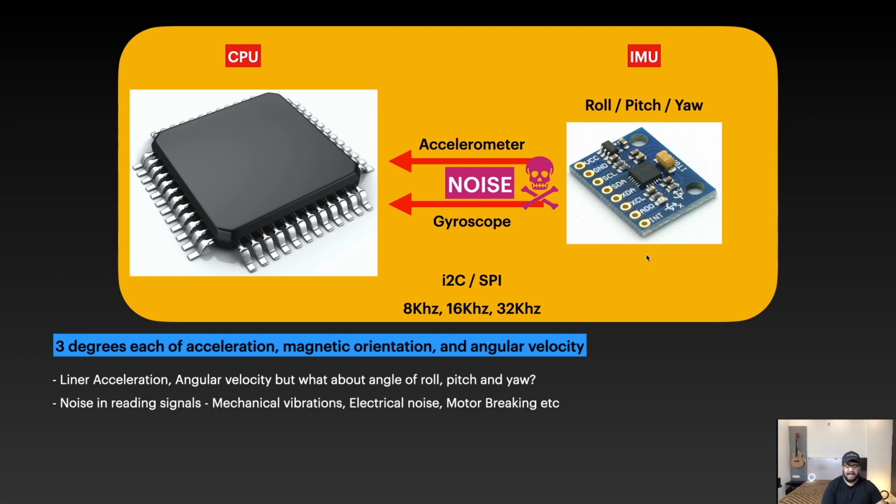As I mentioned, noise in the signal can come from mechanical vibration, and it can be electrical noise. In the motor chapter I mentioned that the new ESC has something called regenerative braking, and when the motor brakes, some voltage is sent back to the signal. It's called back EMF. These kinds of things generate noise in the system, and it can very easily give false information to the CPU, that this is not the correct data coming from the IMU but some distorted data.